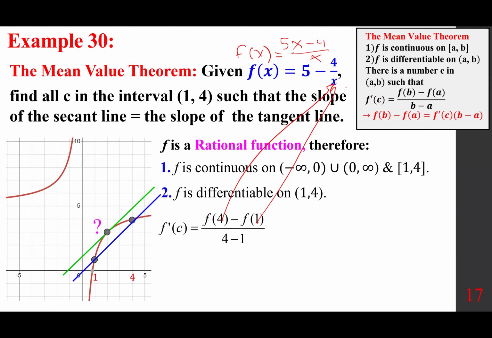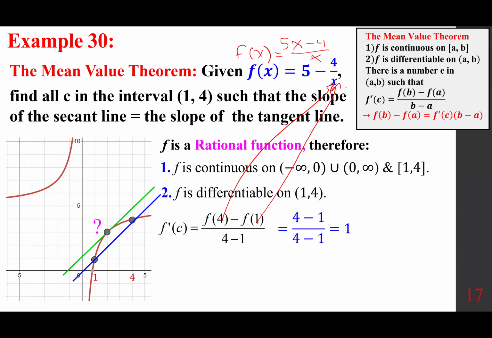If I plug in 1 here, I get 5 minus 4. And I get 4 minus 1 in the numerator over 4 minus 1 in the denominator, which is 1. So you can easily evaluate f of 4, which is 4, and f of 1, which is 1. And so that takes care of that.